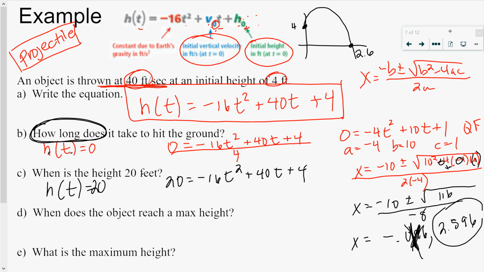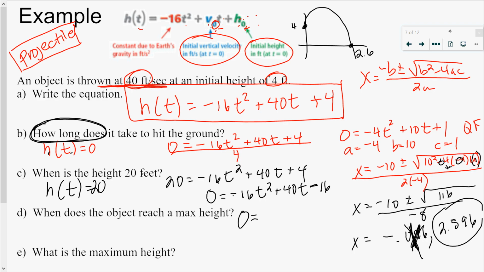Sophia, what am I going to do with that 20? Move it to the other side, get me my 0. So what, minus 16? Can I make my numbers lower? Divide by what? Ooh, I can divide by something nice. Even better than 4. Nope, not 6. 8. I can divide by 8.